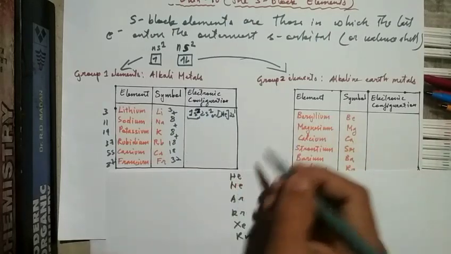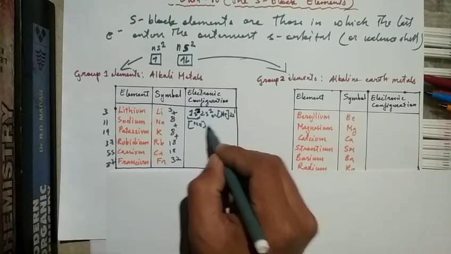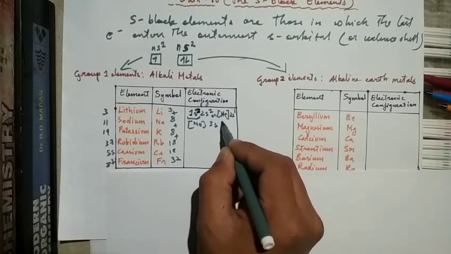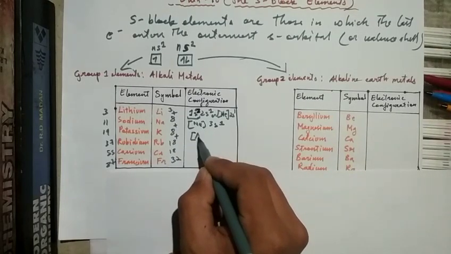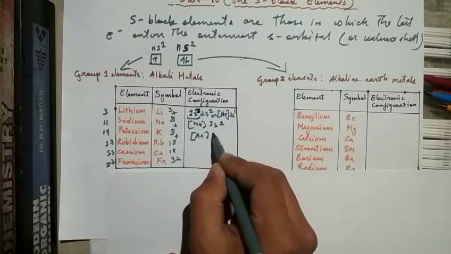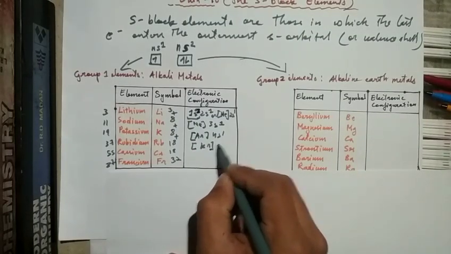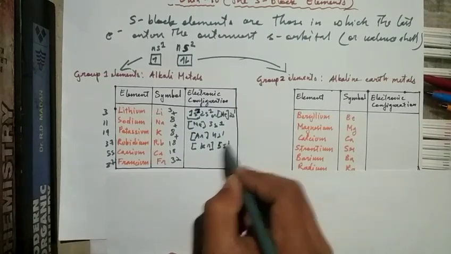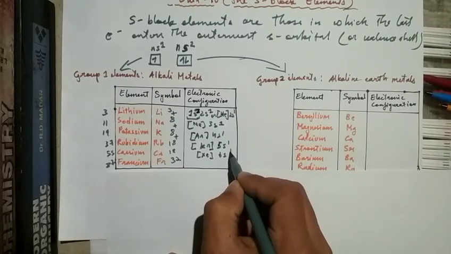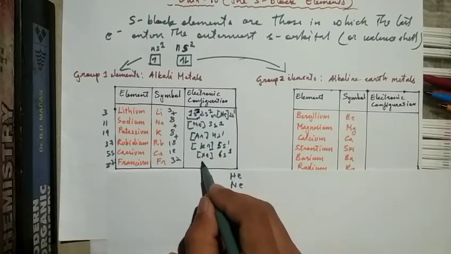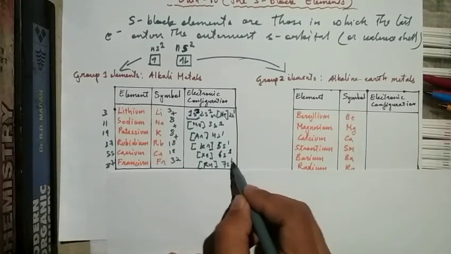For the next ones, we will just write the shortcut form. So we write neon 3s1, and then argon 4s1, next krypton 5s1, next xenon 6s1, after that radon 7s1.